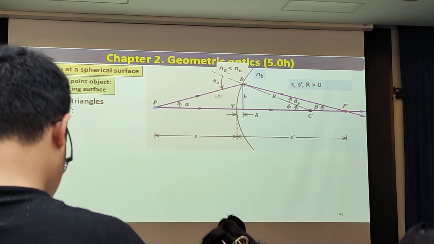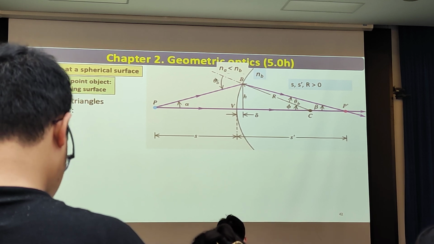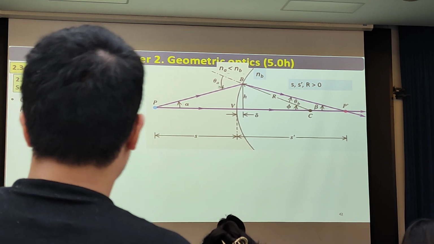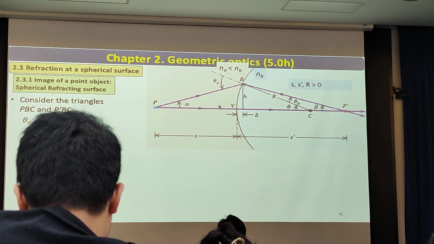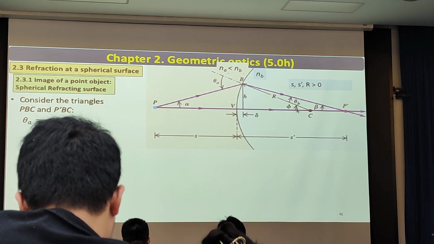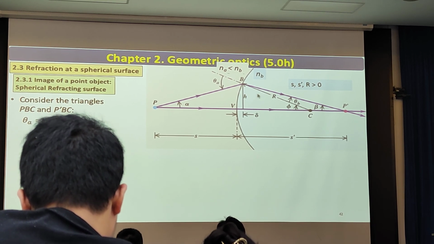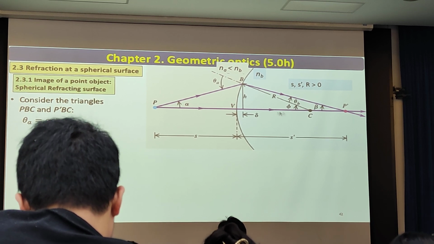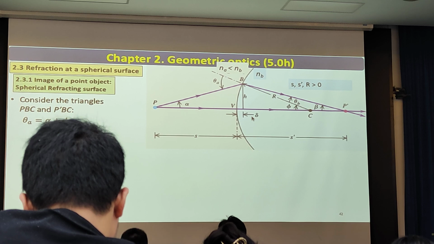So we got PBC. So we have this angle is something like the external angle of B, right? So we have theta A. Theta A equals the sum of these two angles, alpha plus phi, right? Yes, you have this relationship because the total of the three angles inside a triangle is equal to 180 degrees or equal to pi.